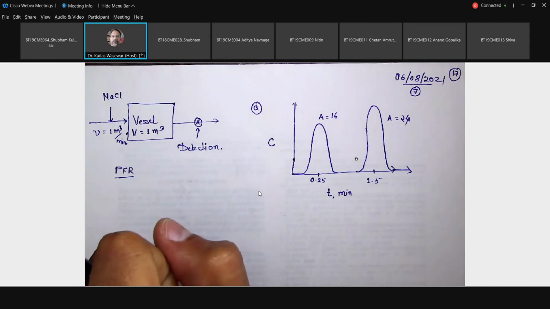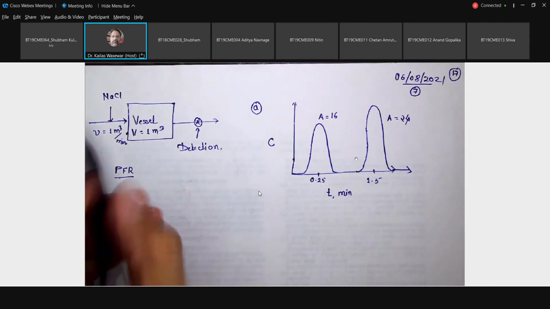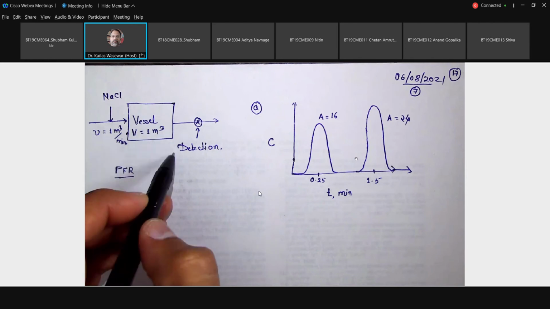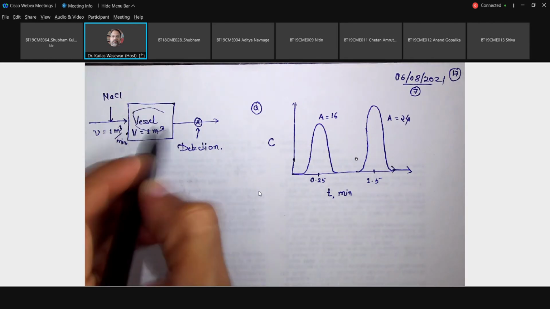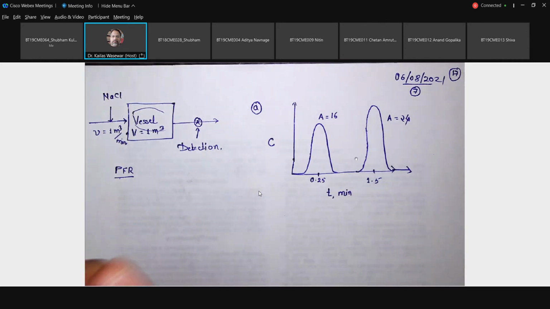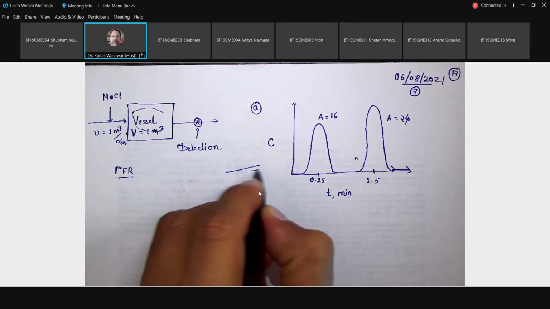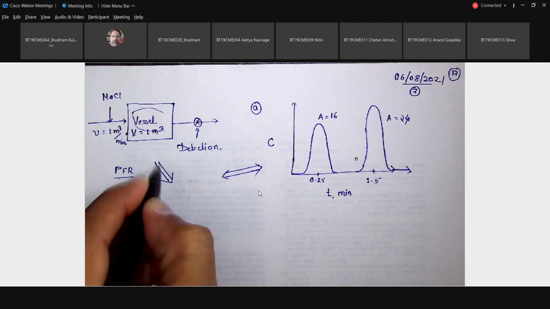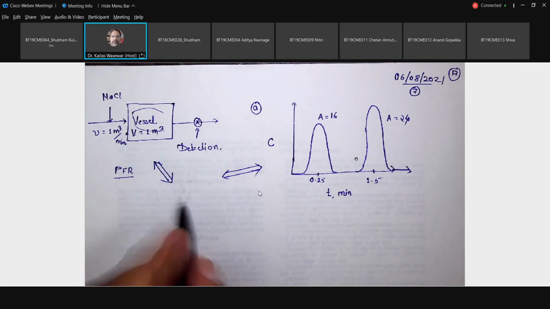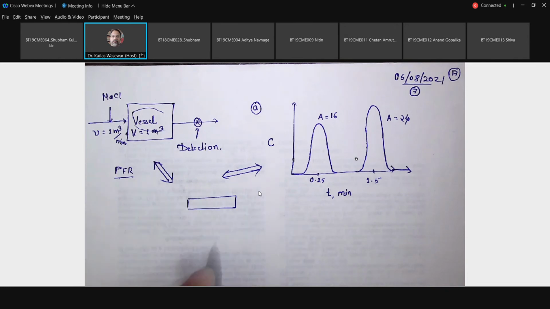That means what? It may be behaving like 2 plug flow reactors, which are in parallel. So we can model this particular reactor in such a way that there may be one PFR and another PFR.